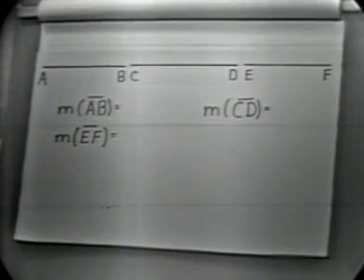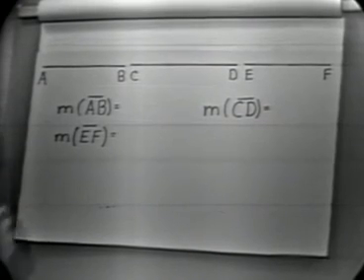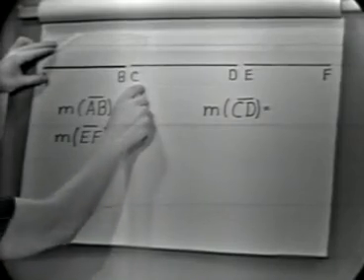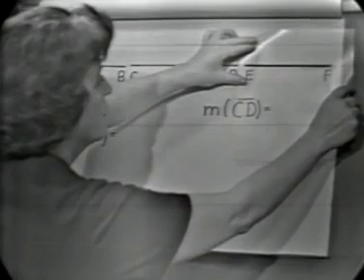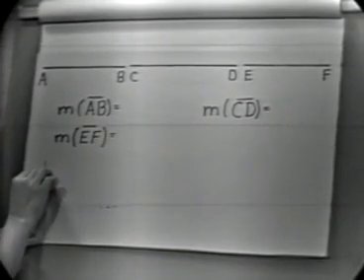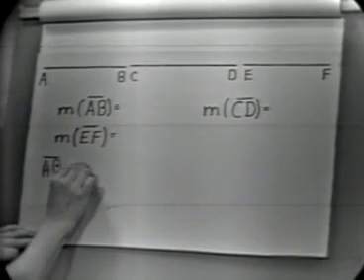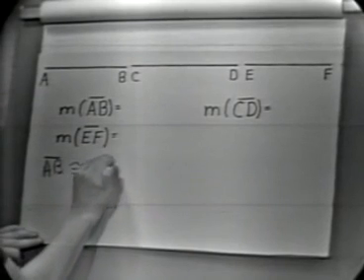Let us consider other line segments. We can make a model tracing of line segment AB and observe that line segment AB is congruent to line segment EF. We can record that by writing that segment AB is congruent to segment EF.